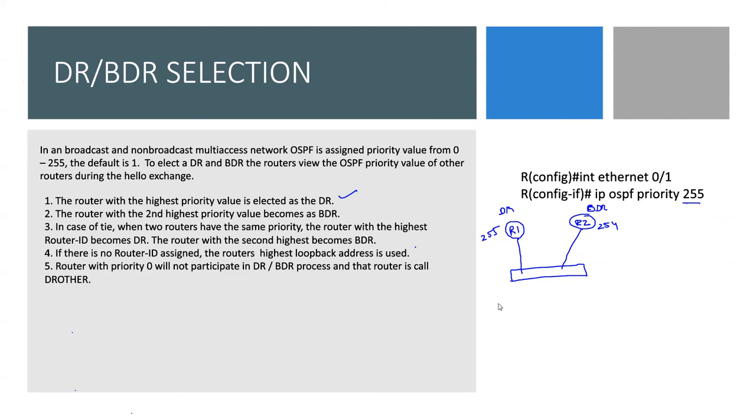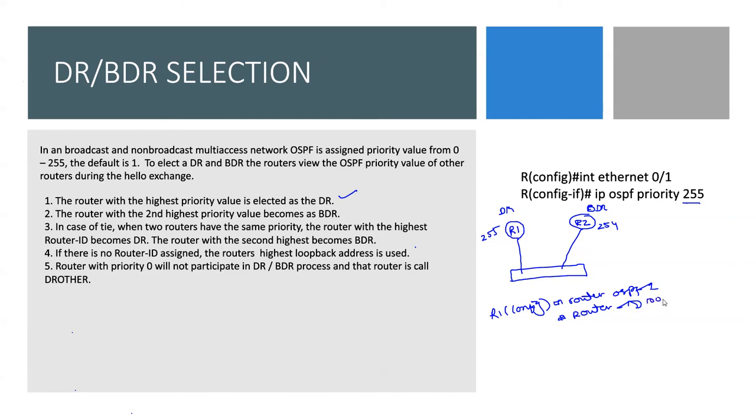And basically it's very simple. When you give the command router OSPF 1, you can immediately assign a router ID, right?